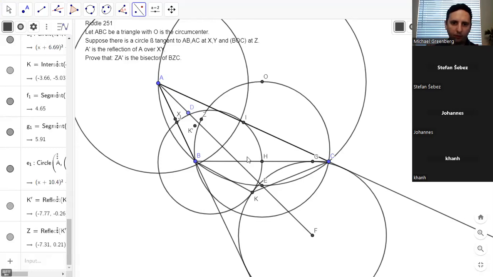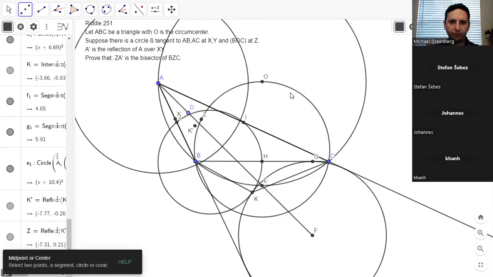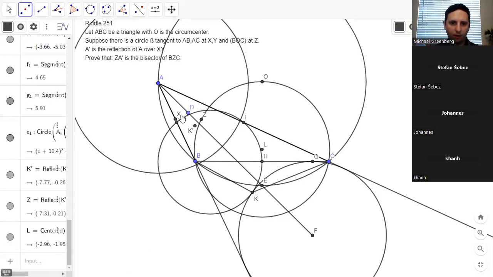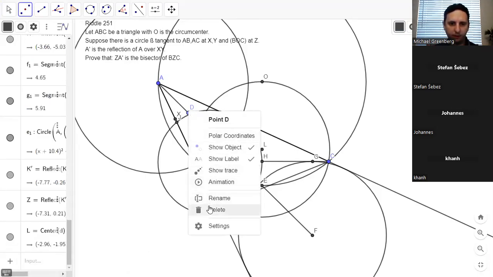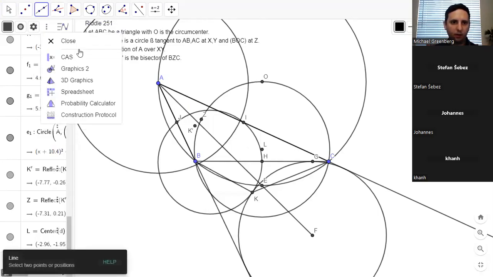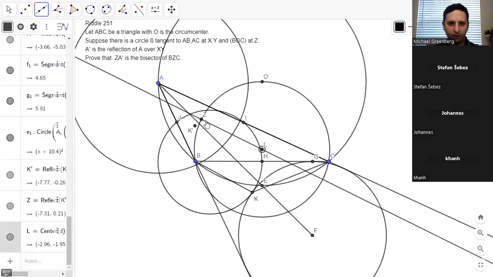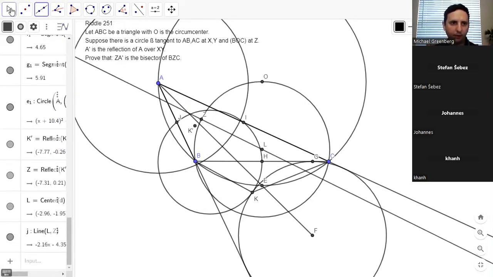So I want to draw the center of the circle BOC, and I want to see where it intersects. So I get rid of point B. And if I see where this intersects that line, that would be the center of the circle.